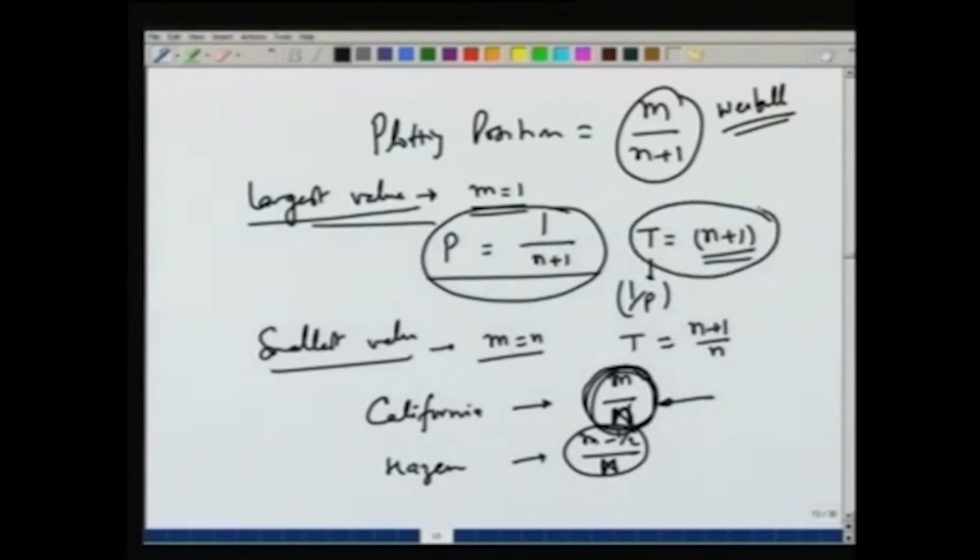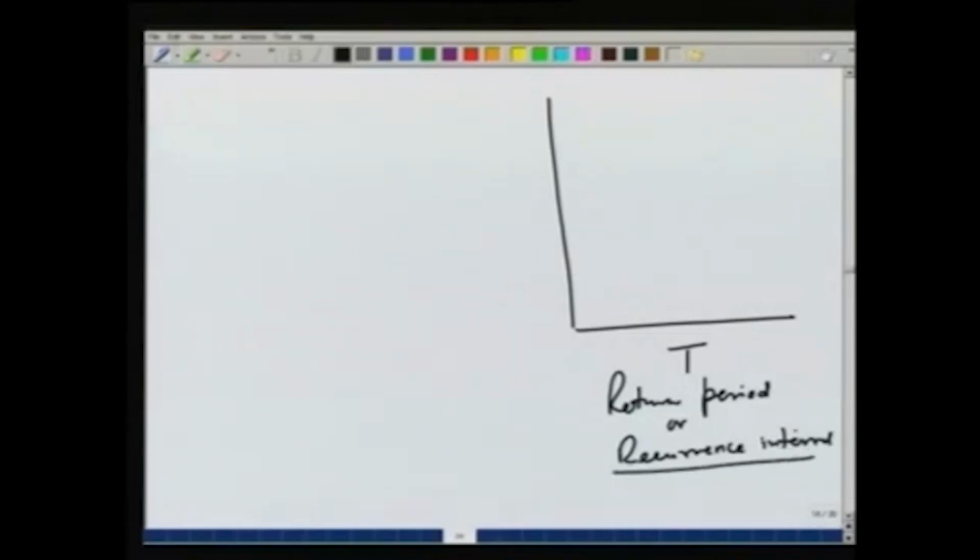So, from the plotting position we can see that the largest value will have a large time period or return period, and the smallest value will have a small return period. So, we can plot a curve which shows the recurrence interval or the return period, which represents the average interval between occurrence of two events of some magnitude.